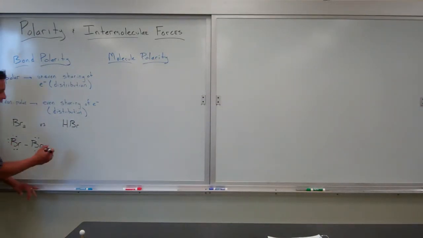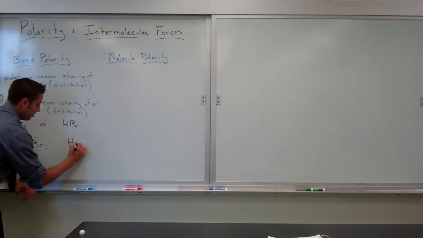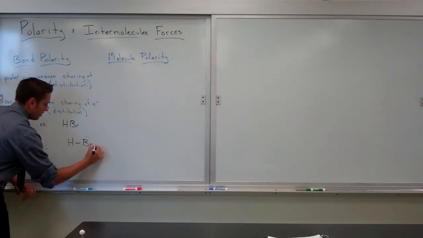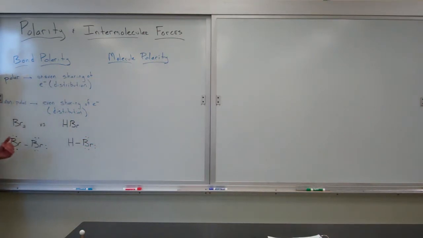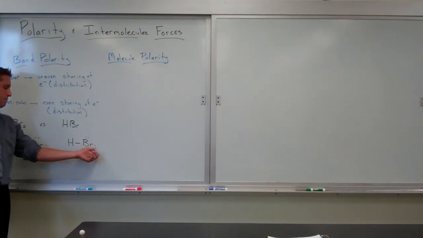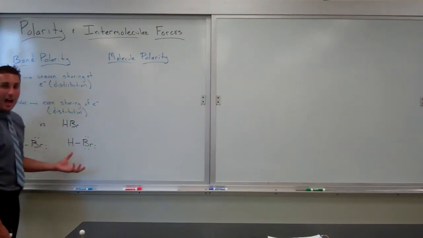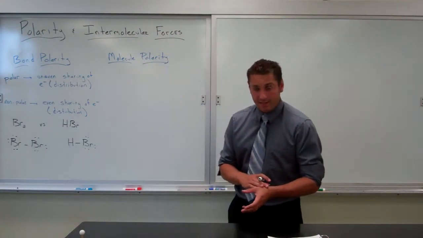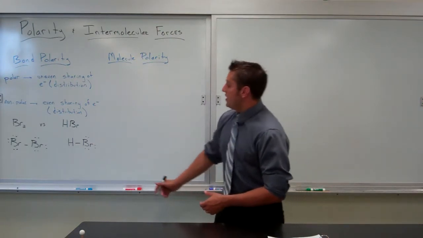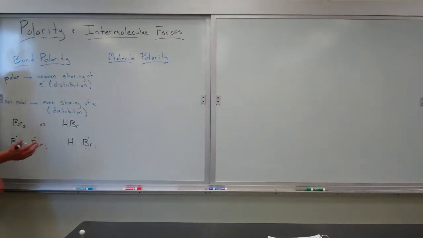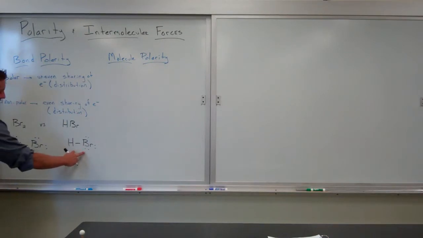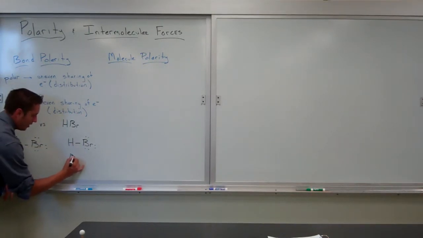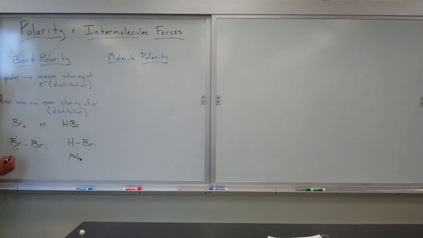If I were to look at something like HBr, it's very similar, except instead of having Br to a Br, it's the hydrogen. Because hydrogen has a different electronegativity than bromine does, the electrons in this bond will not be shared evenly. Therefore, this has an uneven sharing, making it polar. This has an even sharing, making it nonpolar.